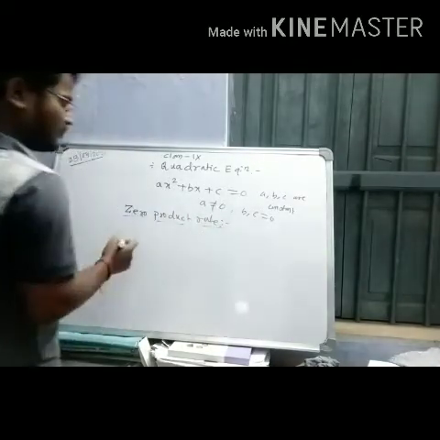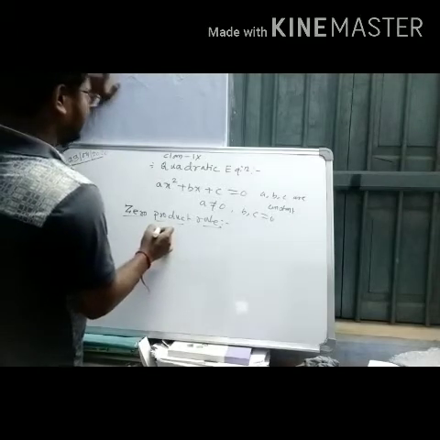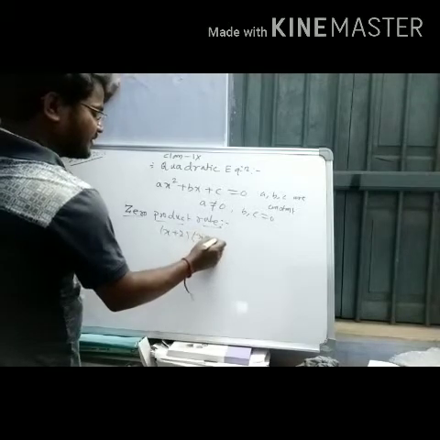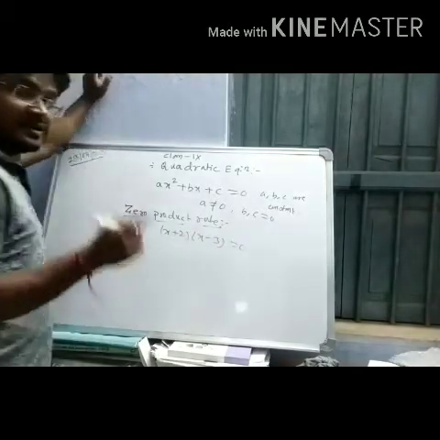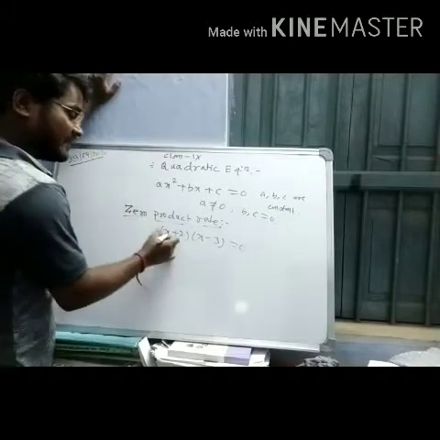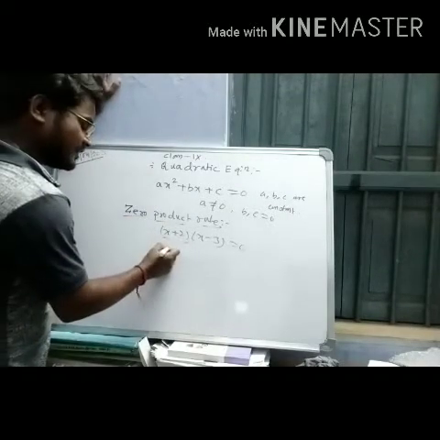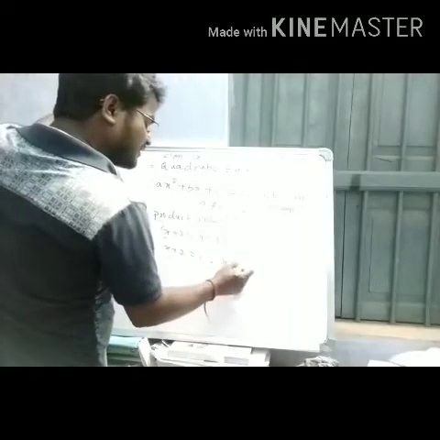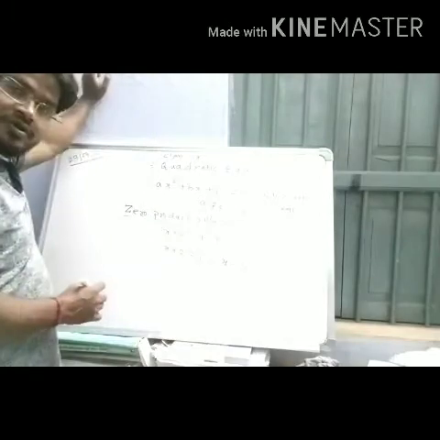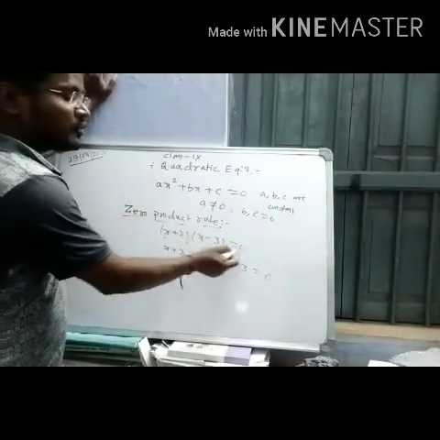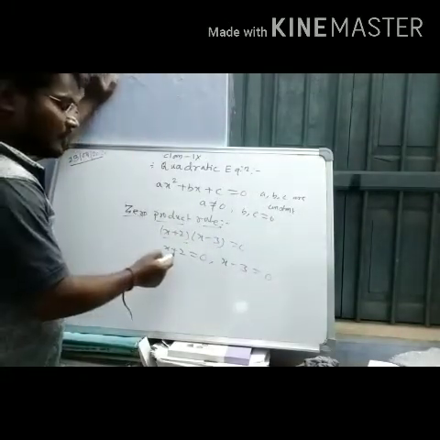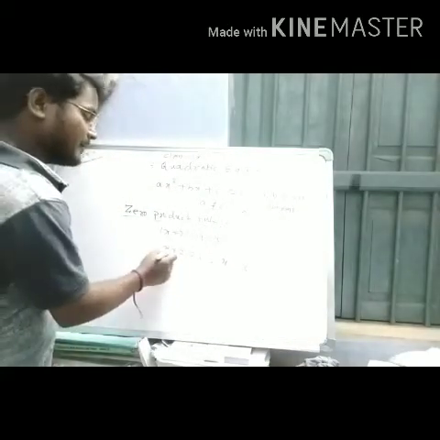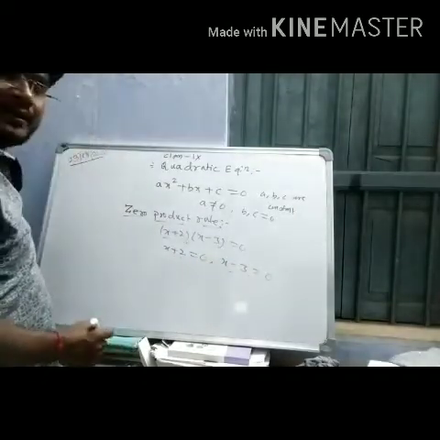See, suppose I write here (x plus 2) into (x minus 3) equals 0. The zero product rule tells us that this x plus 2 may be equal to 0 separately, or x minus 3 may be equal to 0. The product of two numbers equals 0. Therefore, we can say that one number may be 0, the second number may be 0, or both may be 0.